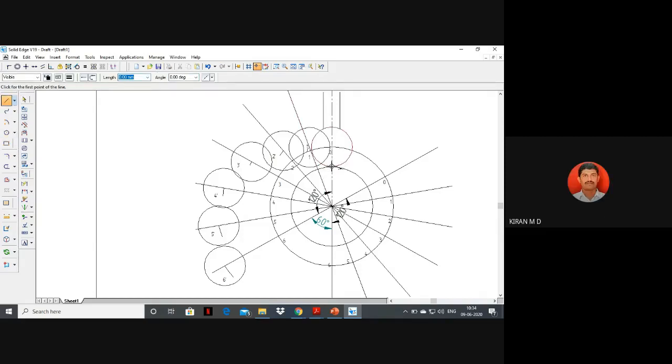Otherwise, we'll draw the tangent circle like this.